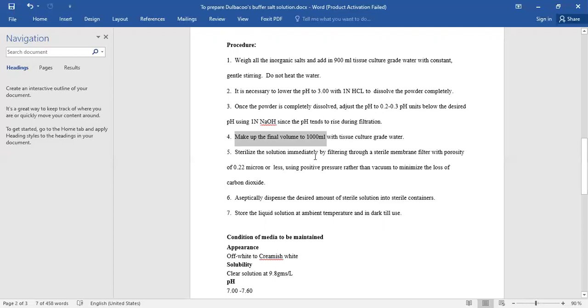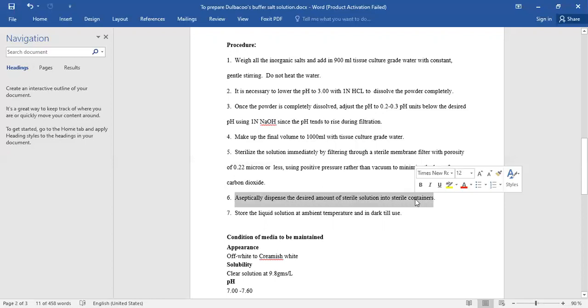We pass it through a sterile membrane of 0.22 micron porosity, and it will remove all the microbes. Okay, only our salt solution will pass through it. After that, we add the desired amount of sterile solution into sterile containers, and then we can adjust the pH and temperature, and we can supply it for the nutrient media.